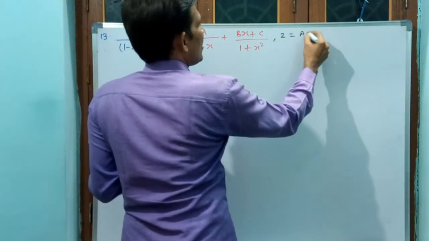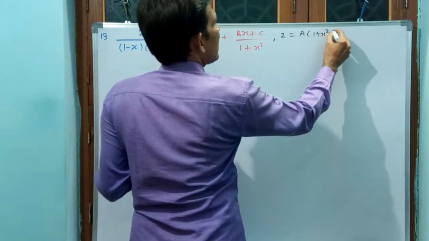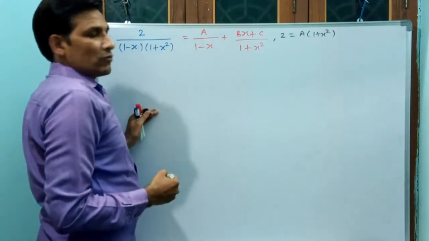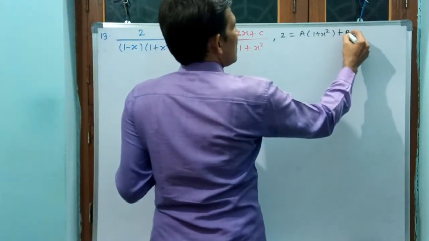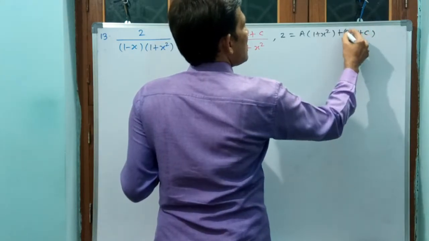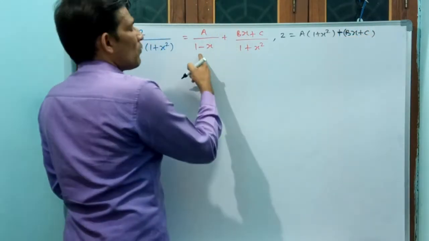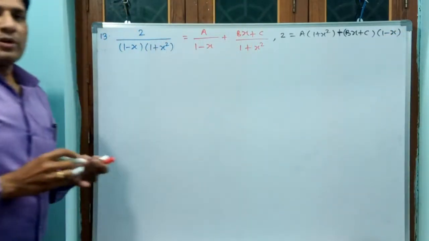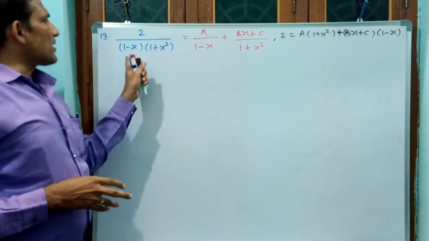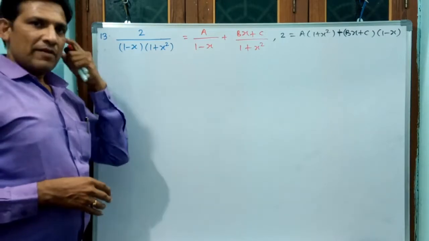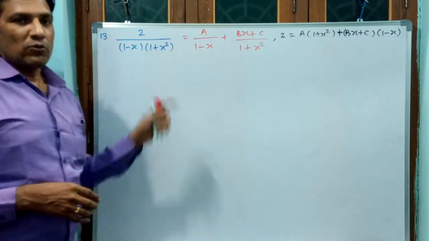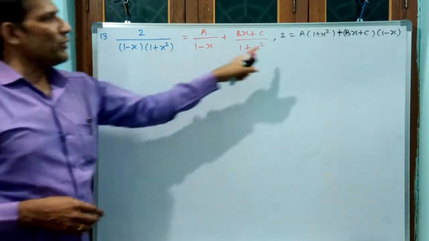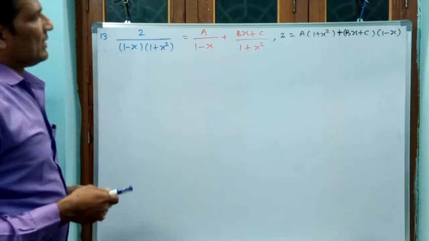You see here, a into (1 plus x square), plus (bx plus c) into (1 minus x). Why? Because we are equating only numerators, the denominators are the same. After cross multiplication the denominators are going to become the same. That is why we are going to equate only numerators.